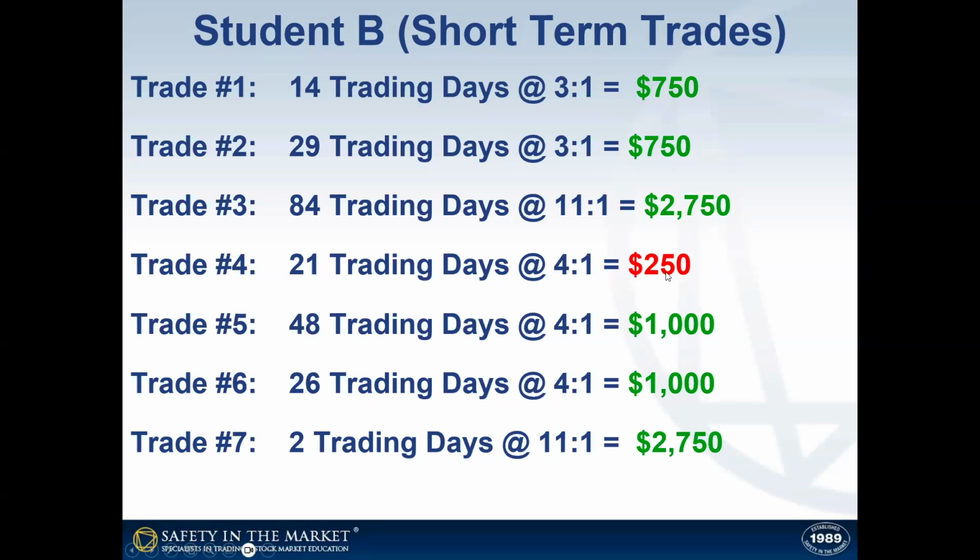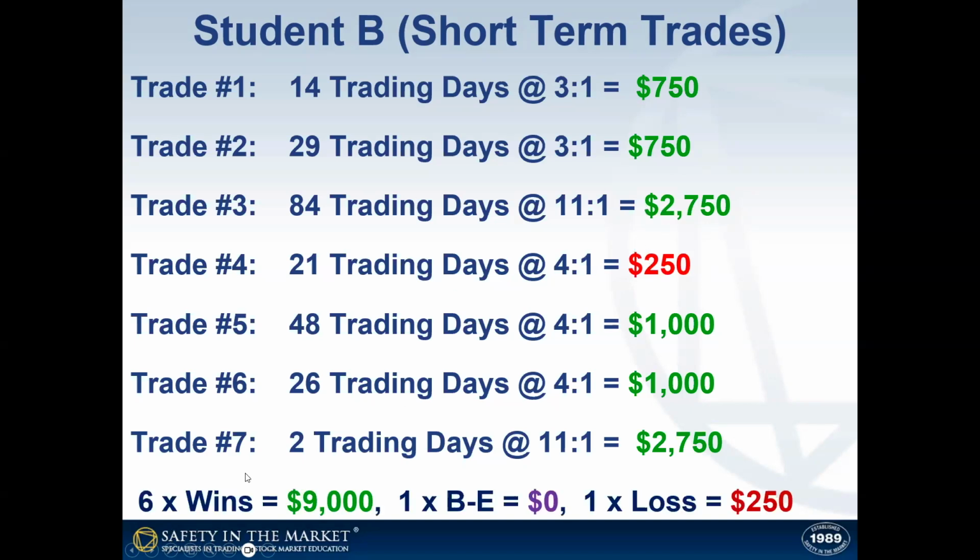We only just risk 5% at the most each time. So you can see how the reward to risk ratio looks after you there. So 6 wins, $9,000 coming in. A break even, that's just trade 8 because we don't know how that's going to play out. And 1 loss in the middle there, $250.